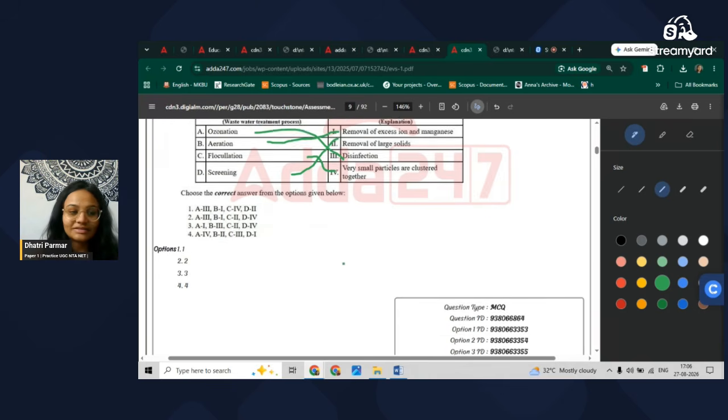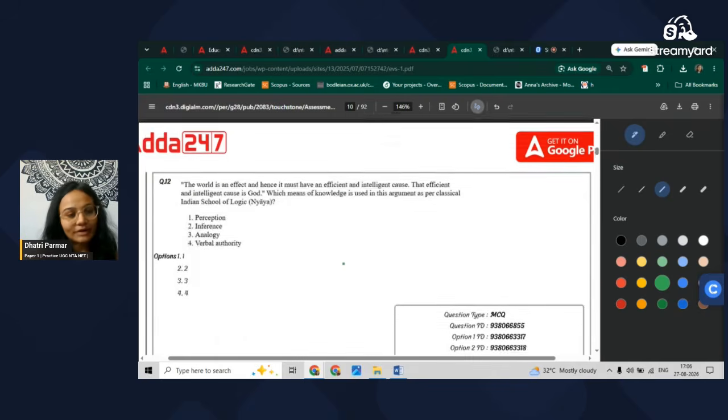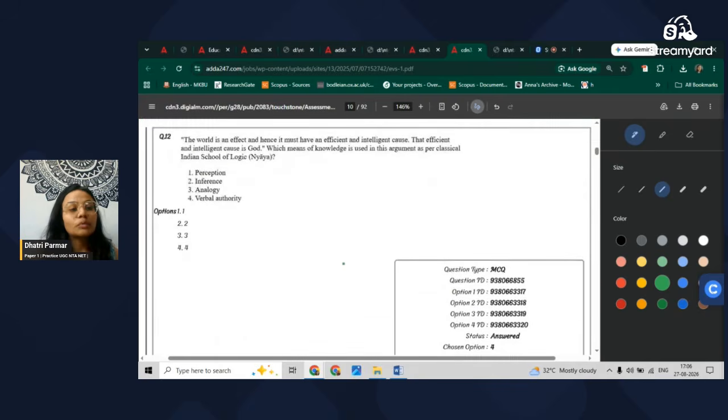Moving to the next question. Okay, this is from logical reasoning. The world is an effect, and hence it must have an efficient and intelligent cause. The efficient and intelligent cause is God, which means knowledge is used in argument as per the classical Indian school of logic. Now, which is applicable here: perception, inference, analogy, verbal authority.